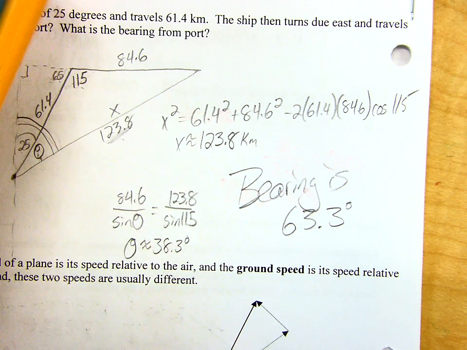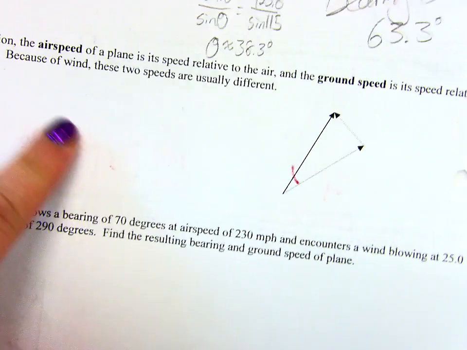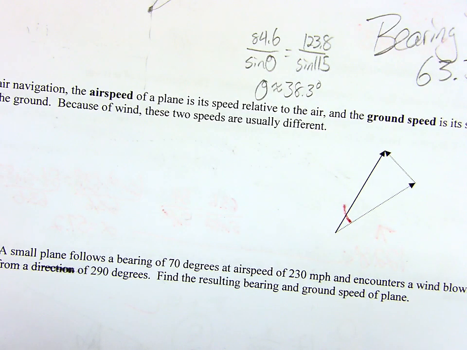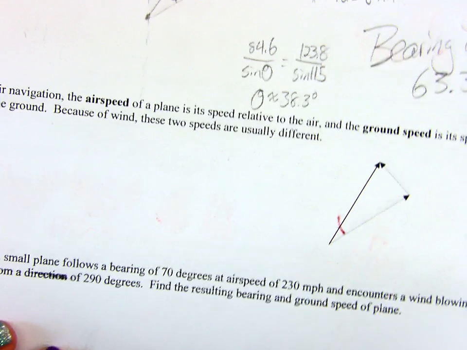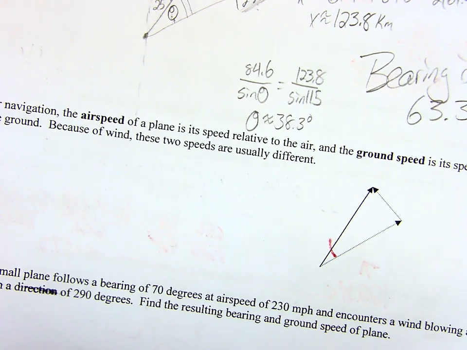Okay, there is one left. That's just telling you about airspeed and ground speed. So this involves a plane, okay? Planes fly at a certain airspeed, relative to the air. The ground speed is its speed relative to the ground.